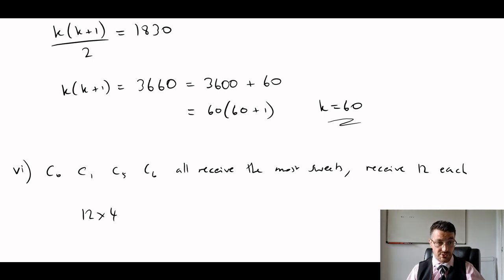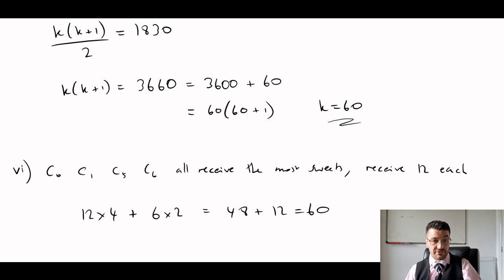The other 2 children received 2 sweets in the first cycle of 20. So in 60, they're going to receive 6 sweets each. So plus 6 times 2, that's equal to 48 plus 12, which is of course equal to 60, which just gives us a bit of confirmation really that we're on the right tracks.